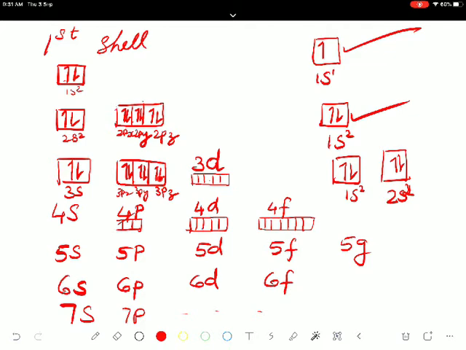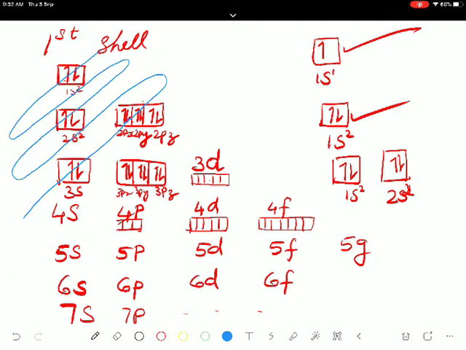Now according to the increasing order of energy, we said it is filled like this, then it comes here.